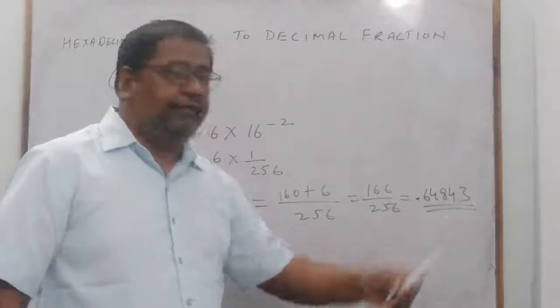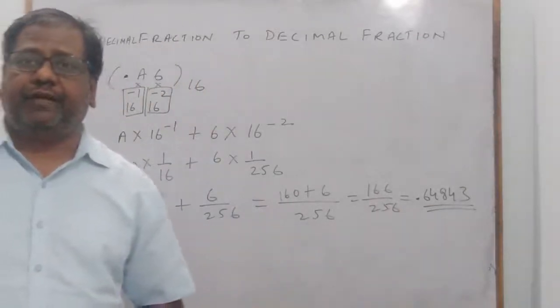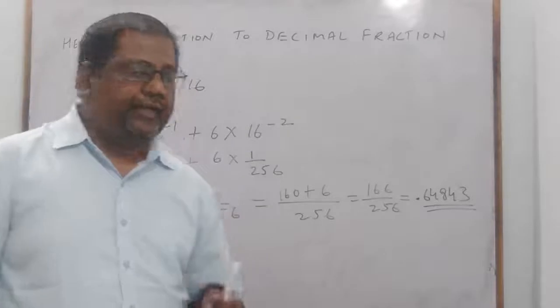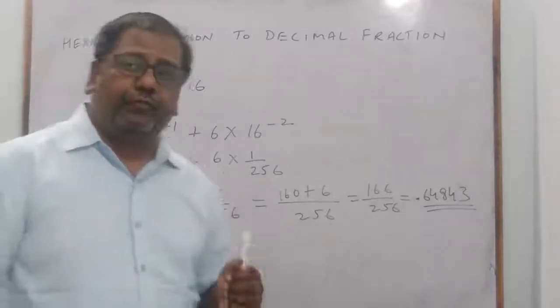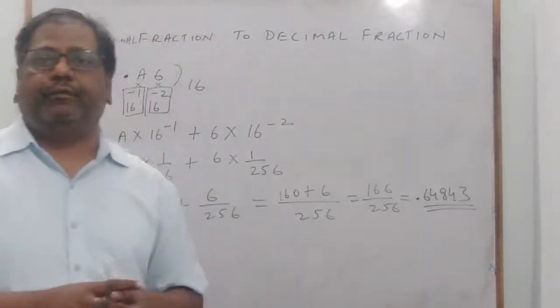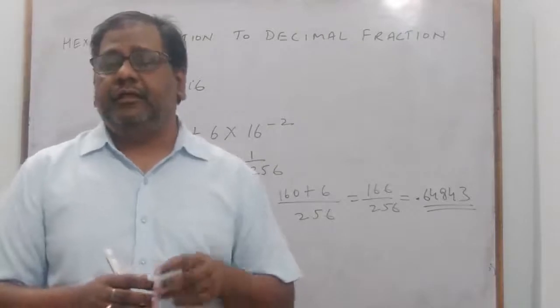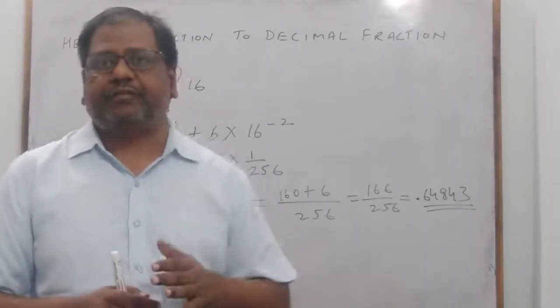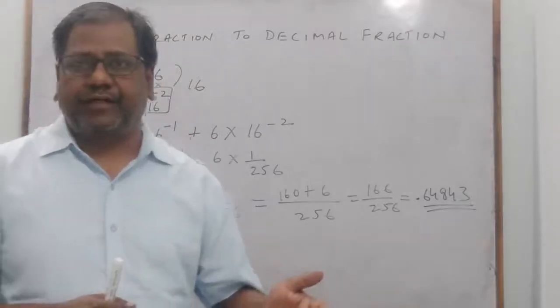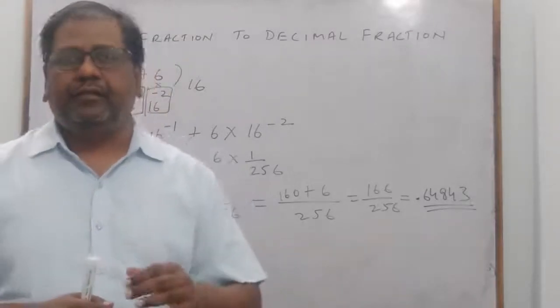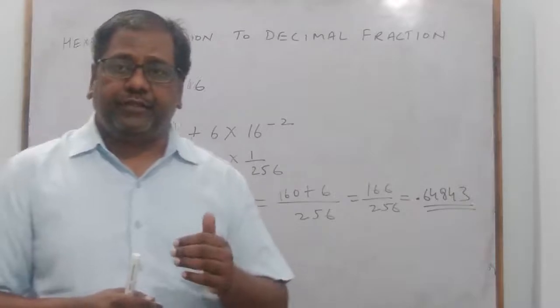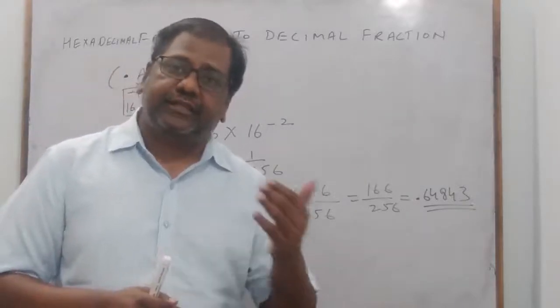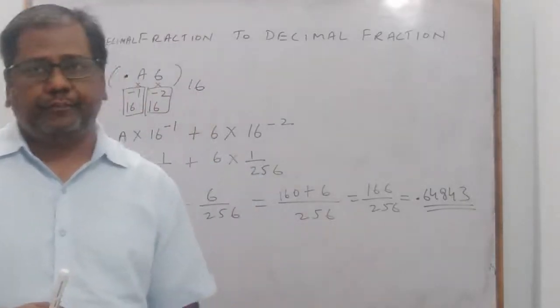And when you divide the fraction, the value that you are getting is 0.64843. This is how you are going to convert a hexadecimal fraction to a decimal fraction. It's simple.